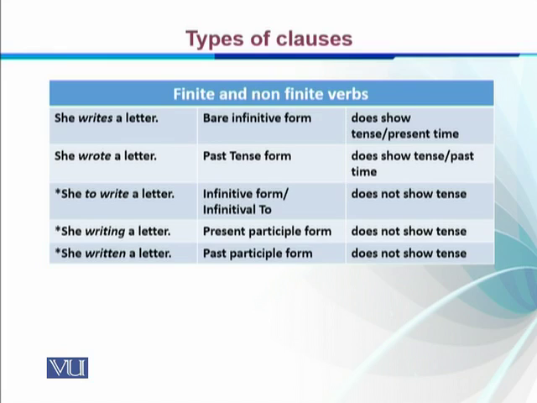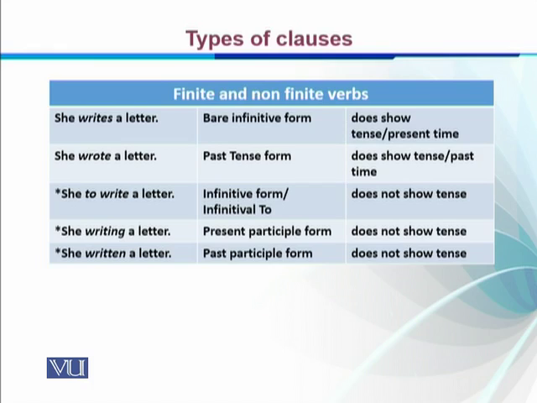These three are not restricted with time. To use them as a verb, you need a helping verb. That is one thing. The second thing is that all of these three forms are used as other parts of speech, as noun, as adjective, as adverb, especially the first two. Whereas the third one, written, is used as a verb with the help of a helping verb or time marker, and as an adjective, not as other parts of speech.